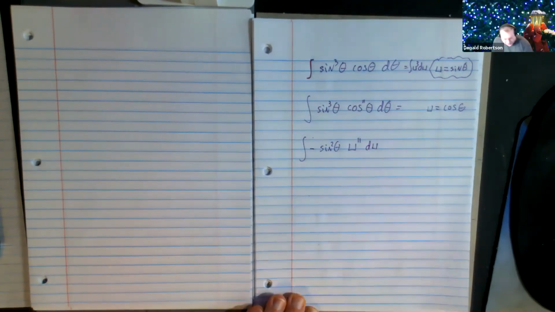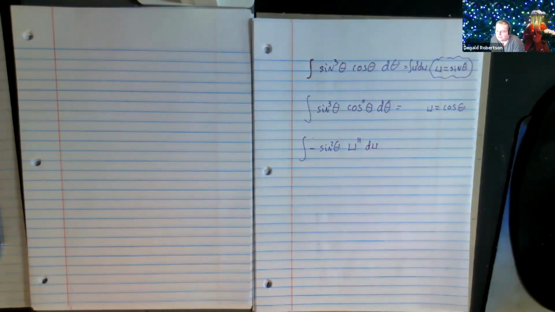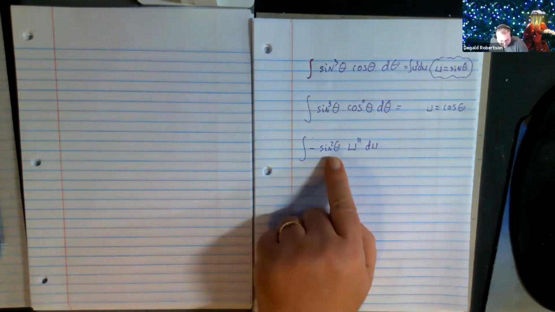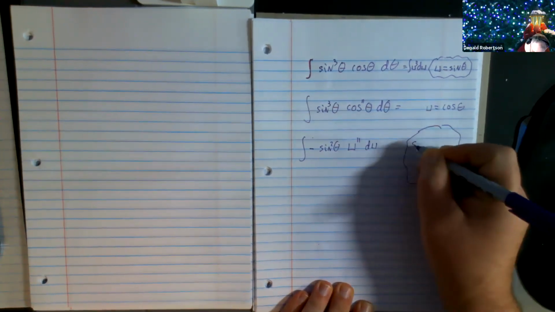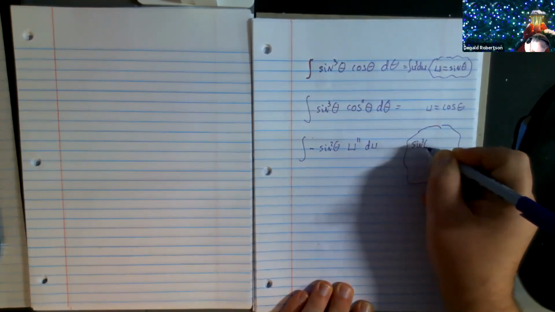What is going to happen is there's going to be some sine squared left over. And you know when you do u subs, you're not allowed to have two different variables at the same time. Aren't we going to have to figure out how to turn sine squared into something that uses cosines? What is sine squared in terms of cosine or cosine squared?